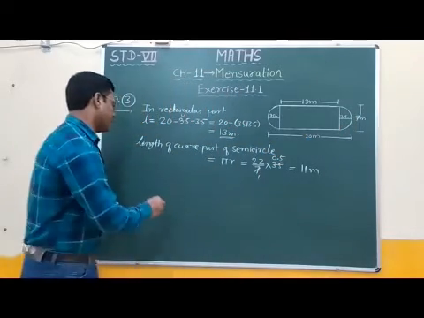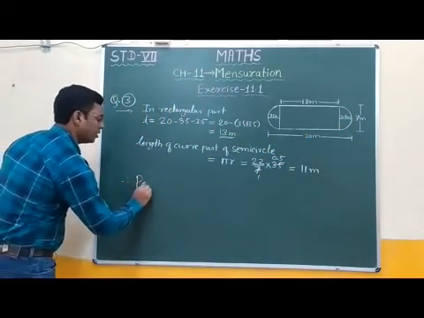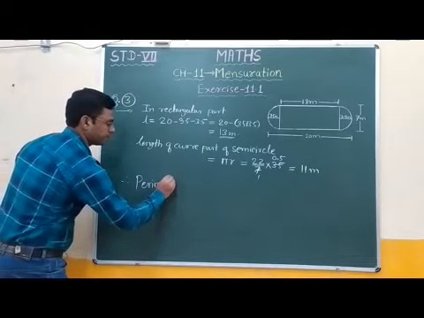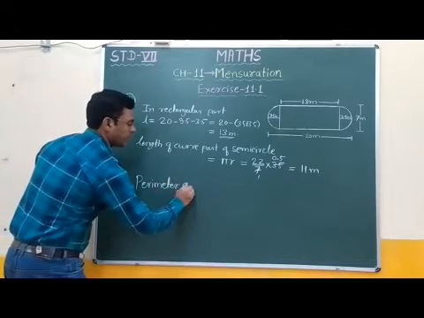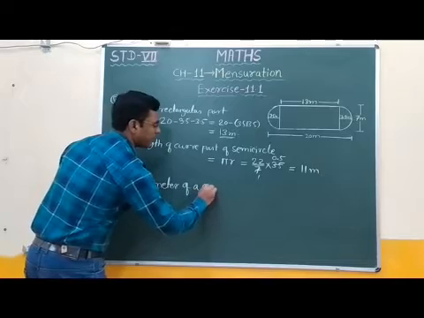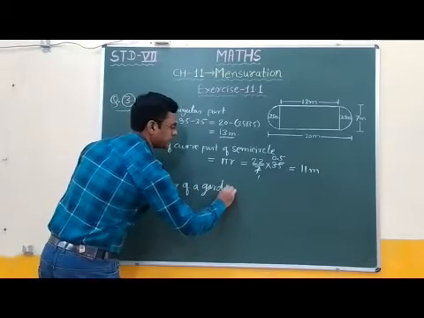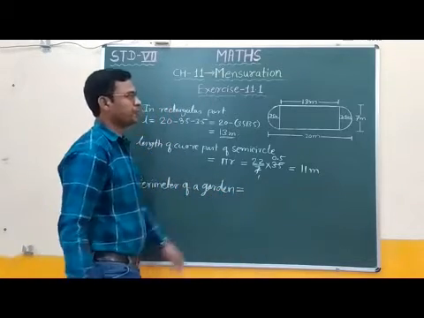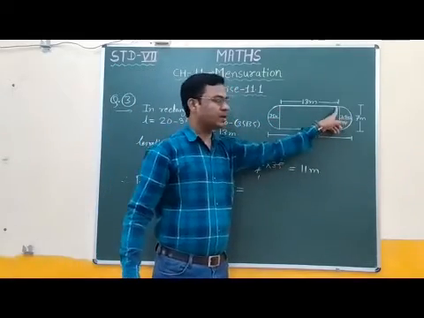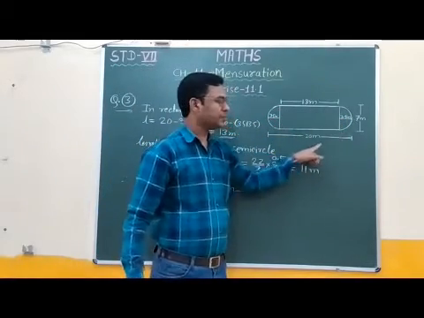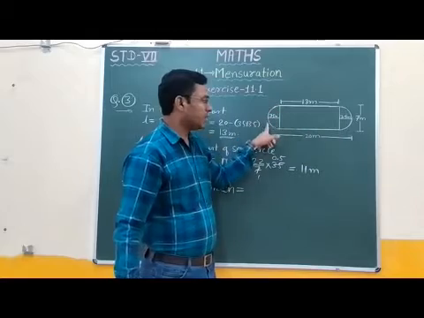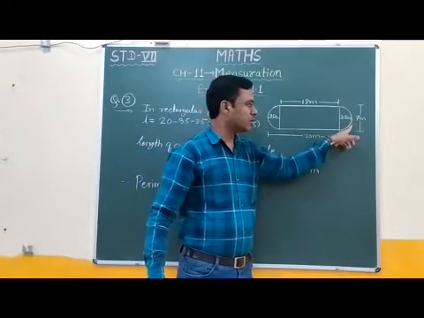Therefore students, we can write here, the perimeter of a garden is equal to this 13 plus this 13 plus this curve part, that is 11, plus this curve part.